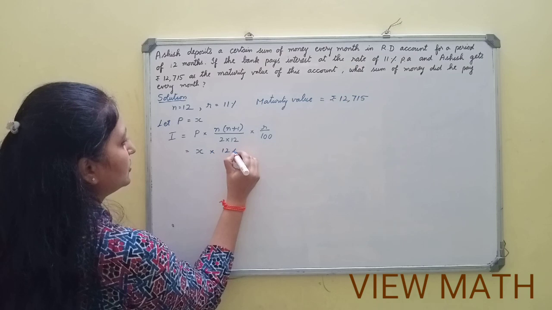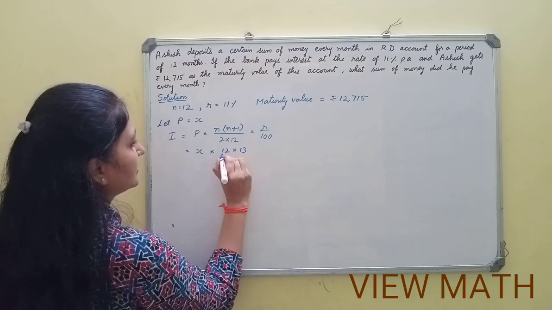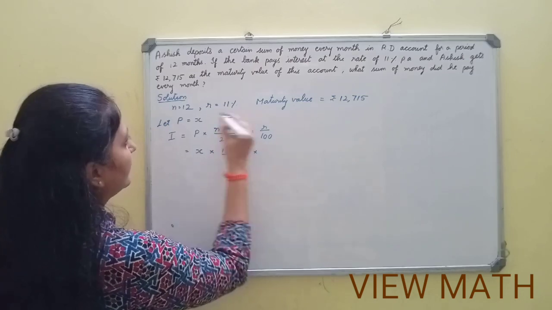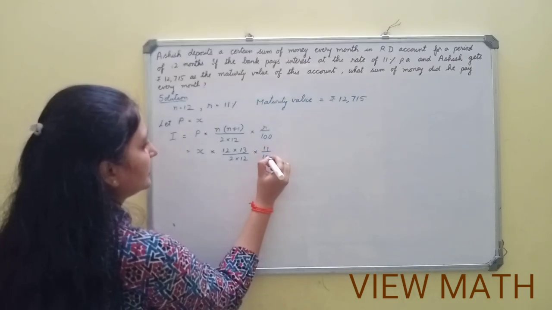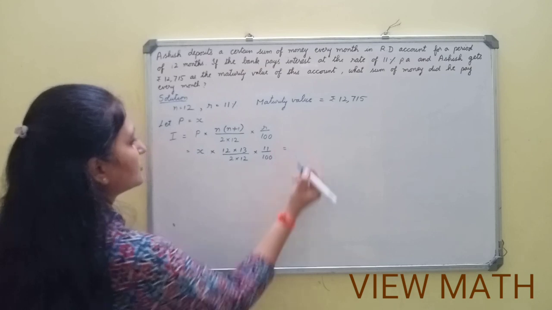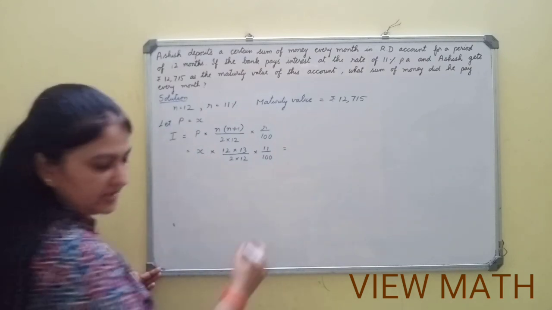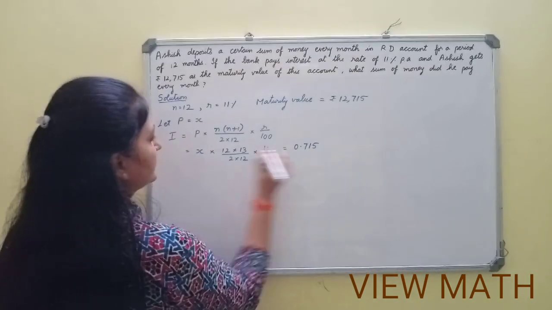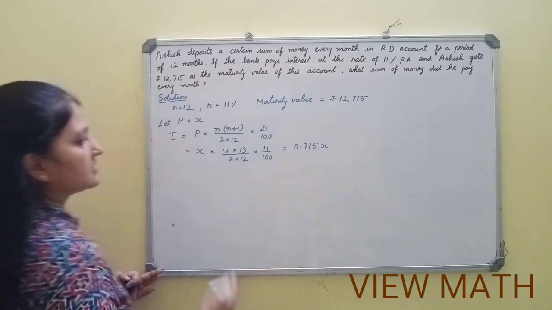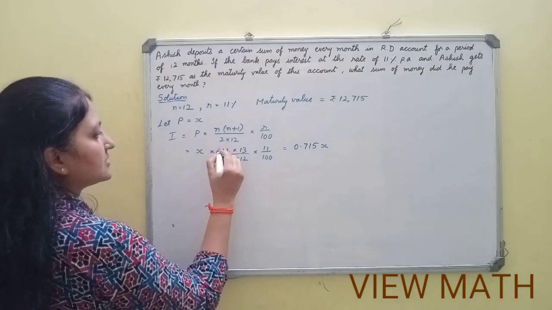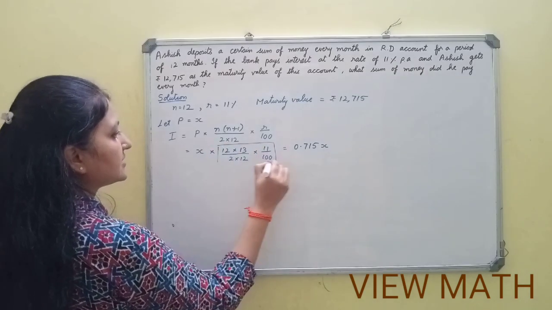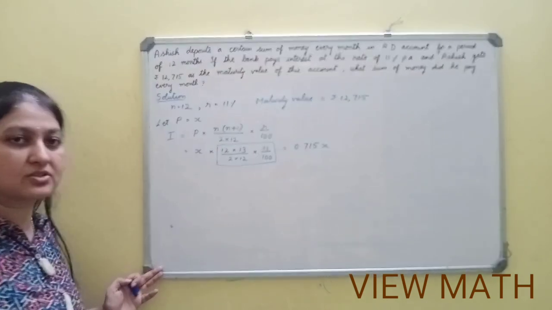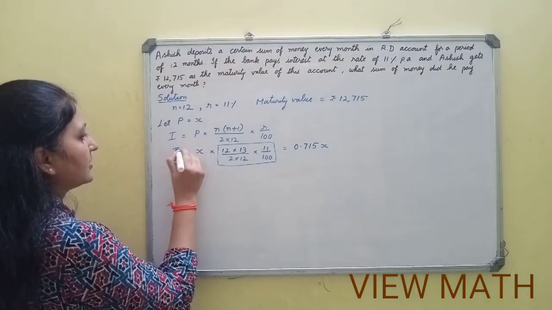So 12 into 12 plus 1, 13 divided by 2 into 12 into R. R value is 11, 11 by 100. So do the calculation part. Let me give the answer 0.715 X. X will be as it is. If you calculate this alone, you will be getting 0.715 X as it is. So this is your interest.